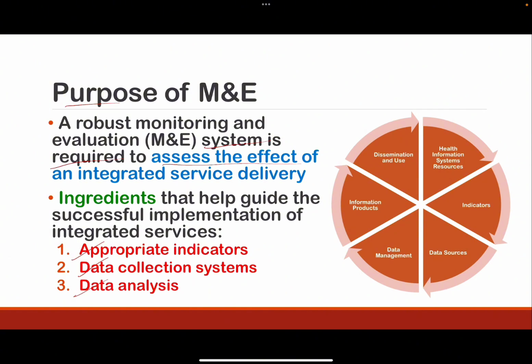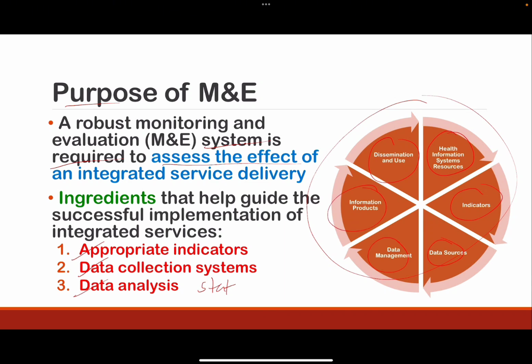Data collection systems, we have the different software like your electronic health record, your personal health record, your PACS, HIE. Data analysis is all about statistical tools, visual aids. An example of a visual aid is this pie chart. Okay? So, all of this, we will discuss.